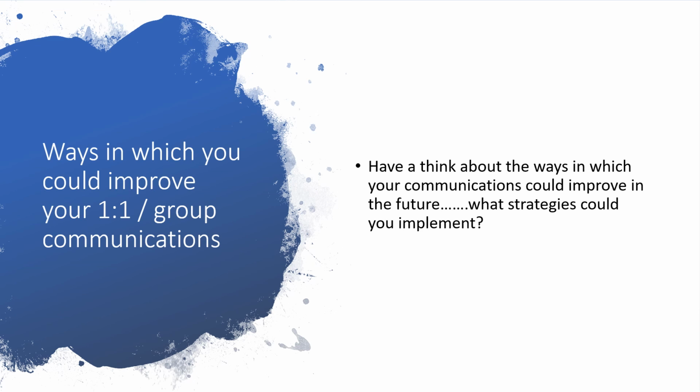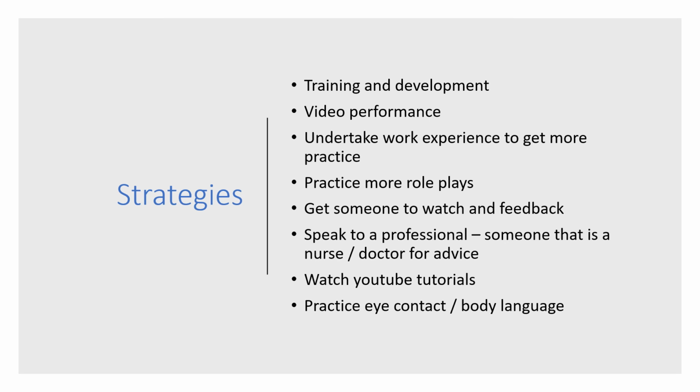What strategies could you implement to make sure that in the future, when you're working in health and social care or childcare, your one-to-one communications are as effective as they possibly can be? Here are some examples of some strategies that you could use. For example, training and development. You could attend training courses. Video performance, so videoing yourself, looking back at it and self-reflecting.